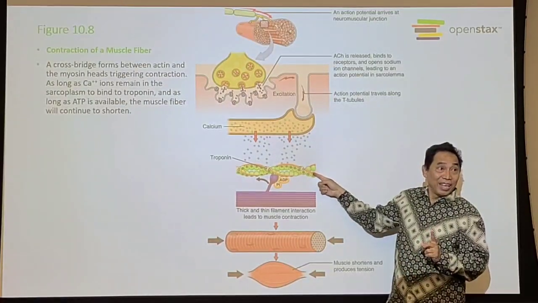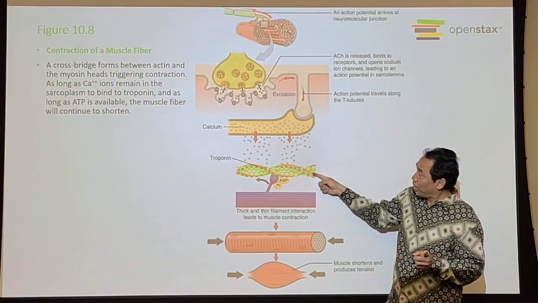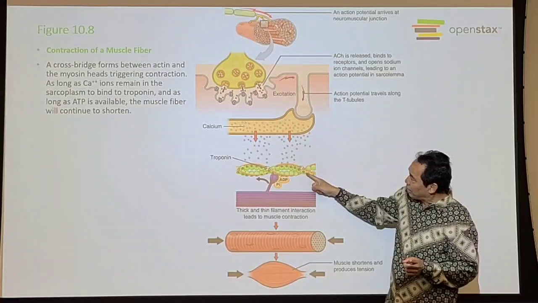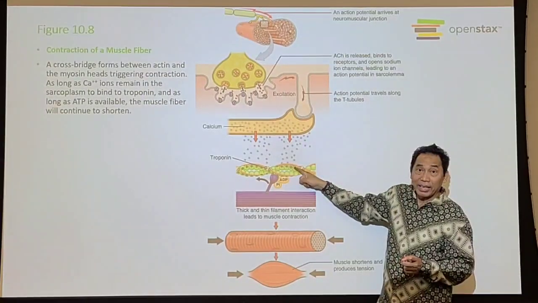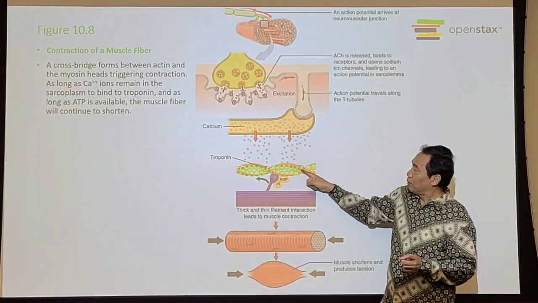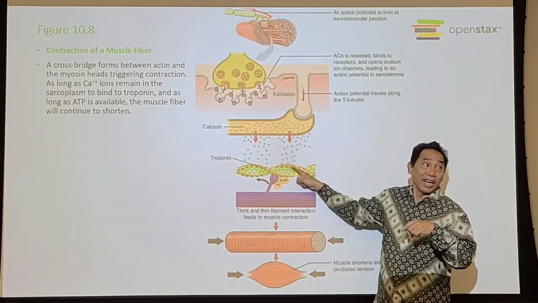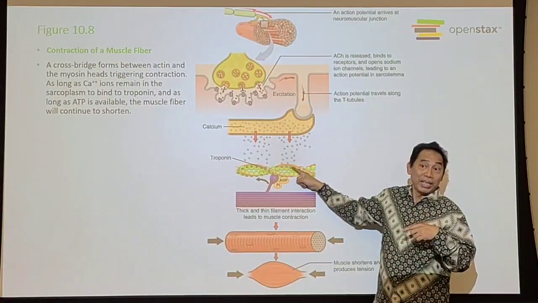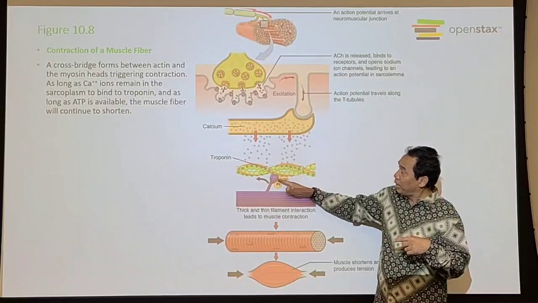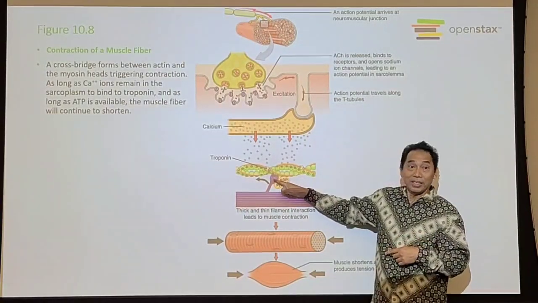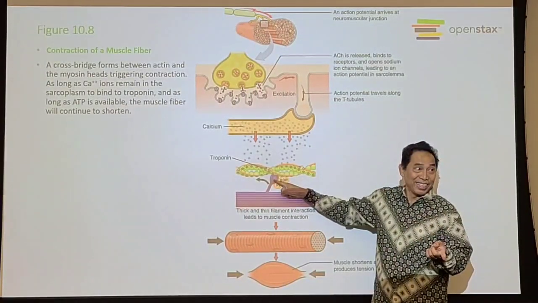Get it? When it twists the tropomyosin, it will expose this dot over here on the actin. What do you call this dot? What is the name? Myosin binding site. Myosin binding site, which is used by this, what do you call this structure? Head. Myosin head to bind.